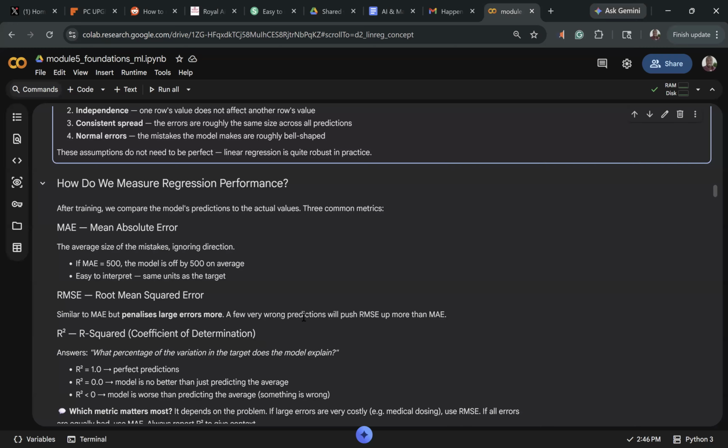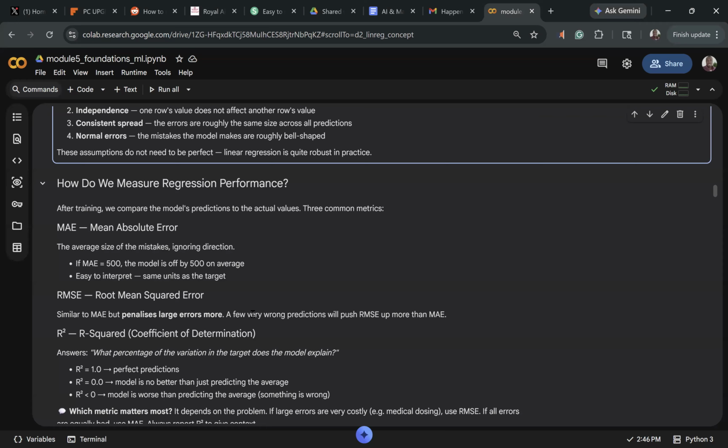A few very wrong predictions will push root mean squared error up more than MAE, since we are squaring the error. Let's compare: if your actual value is 500 and your predicted value is 501, you only have one as a mean absolute error.